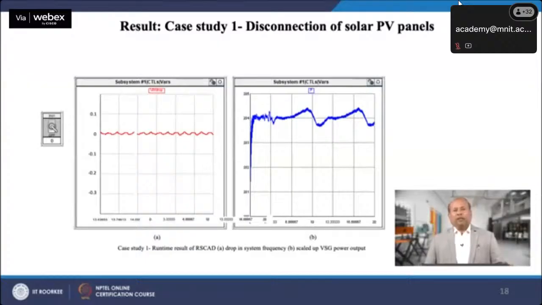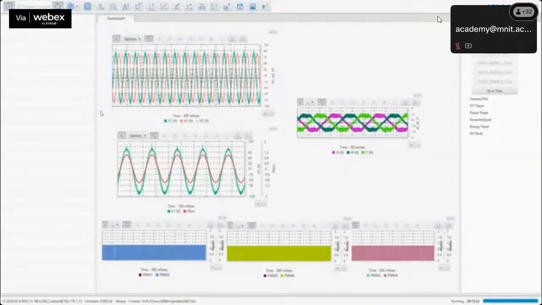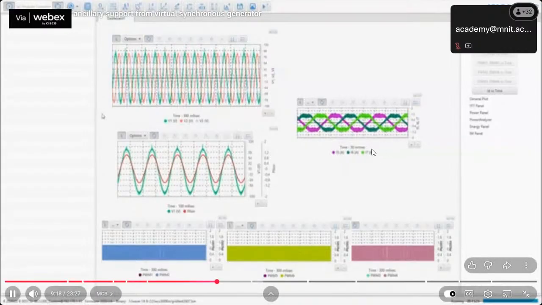Subsequently, the breaker is turned on, which results in disconnection of the solar PV panel. It can be seen from the controlling desk of the scaled-down hardware prototype that the VSG has increased its current output.